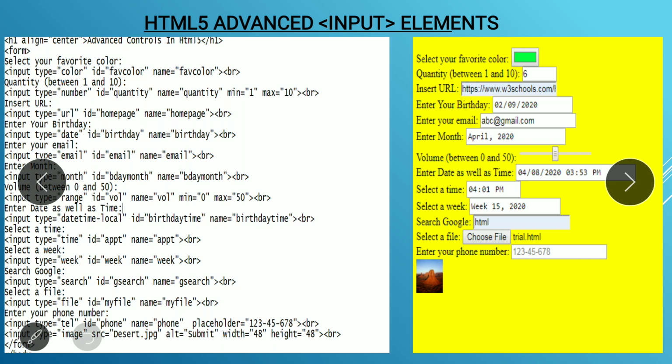So I think you all have understood by now how to use the input tag in HTML5, the type attribute and their values, right? How many controls did we learn in 12th standard? I'm asking only about the 12th standard.